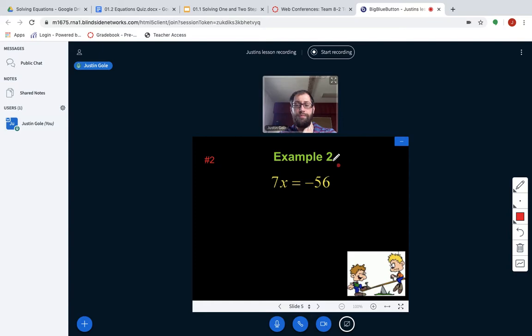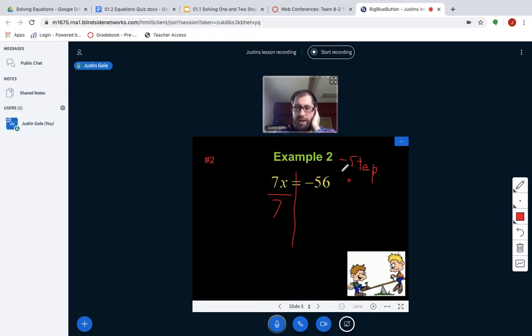Example number 2. We're getting to two-step equations. What does that mean? You got to do 2 different things. So, pause, take 30 seconds to try to solve this. All right, thanks for giving that the old college try. So I see times 7.